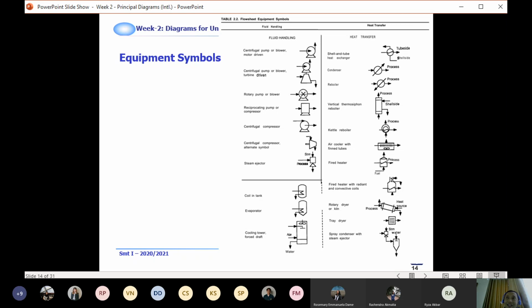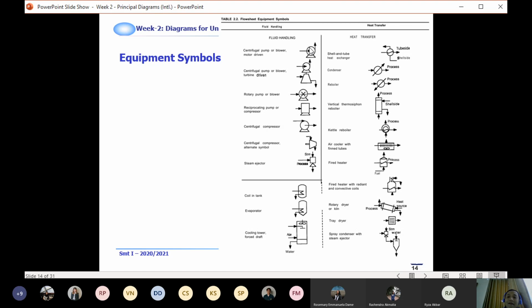Improvement in the sense of making the picture more clear is okay. But by improvement I mean, for example, the centrifugal pump, which has a symbol that looks like this: a circle and then an arrow.